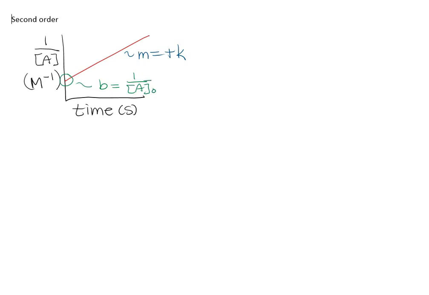So pulling that linear equation out of the plot, our y term is 1 over A, m is positive k, x is still time, and our y-intercept is 1 over A naught.